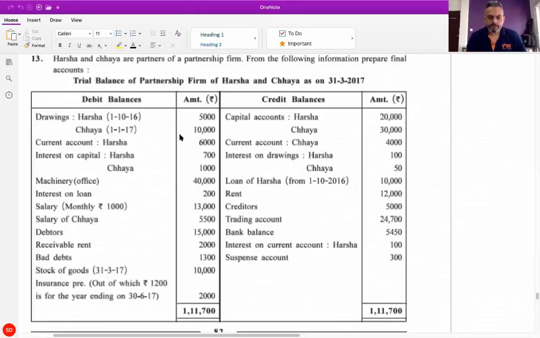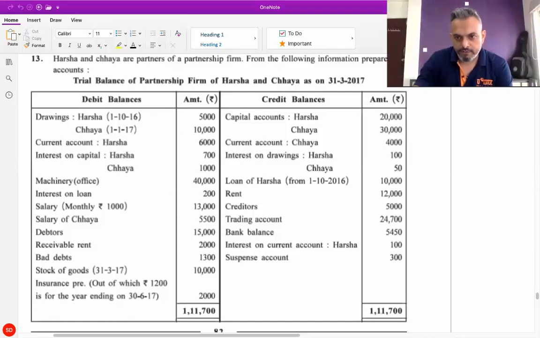So we are discussing question number 13, which you have to do as homework, and the solved sum is also uploaded on our app.